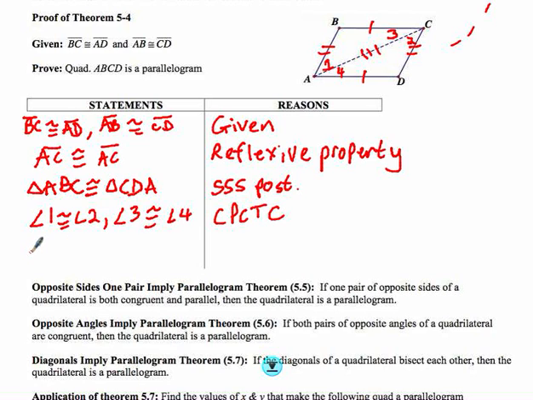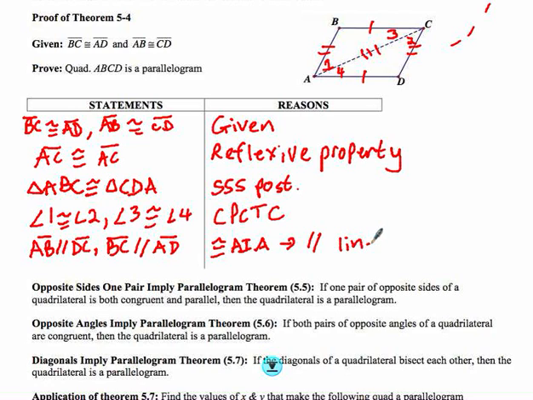In turn we are able to conclude that AB is parallel to DC, and segment BC is parallel to segment AD, because congruent alternate interior angles imply parallel lines.